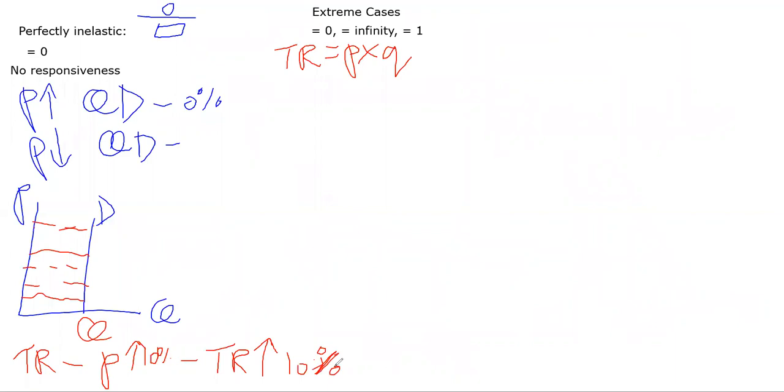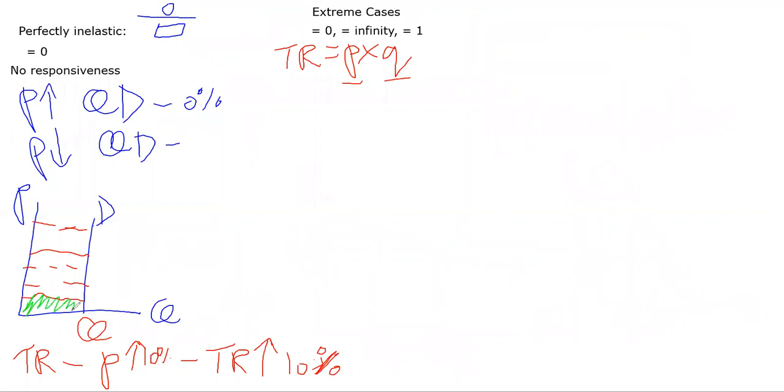Why is that, you ask? Because obviously total revenue is price into quantity. अगर आपकी quantity change नहीं हो रही है but price change हो रही है तो वो directly affect कर देगा total revenue को. तो price 10% increase हुई, quantity में कोई फर्क नहीं आया, तो total revenue will increase by 10%. Another way to look at this is just to look at the graph that we drew. Total revenue area आपका हो जाता है because again price into quantity.